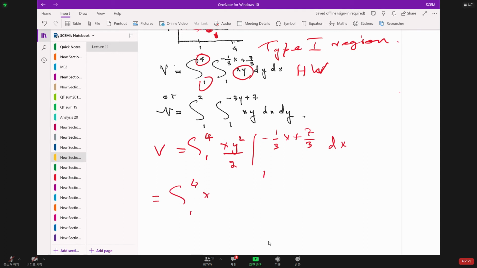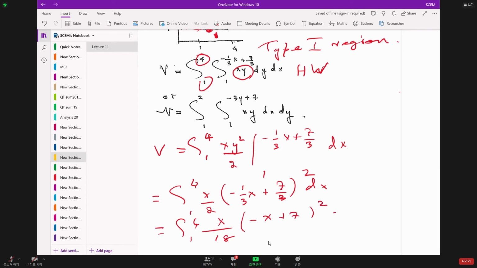X by 2, leave it, that's common. You have y squared, which is (minus 1/3 x plus 7/3) whole thing squared, dx. So your 3 is common. So it becomes the integral from 1 to 4 of x by 3 squared, that becomes 18, times (minus x plus 7) squared, dx.